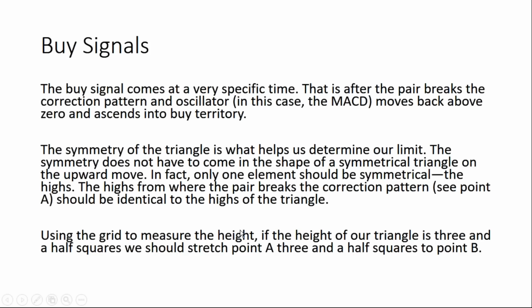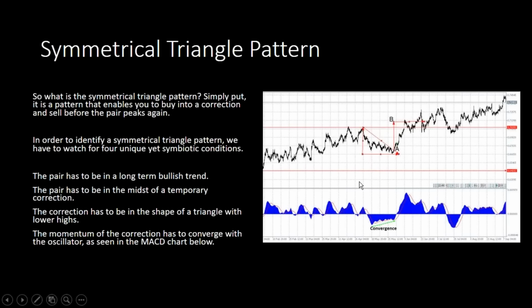Using the grid to measure the height, if the height of our triangle is 3.5 squares, we should stretch point A to 3.5 squares to point B. So in other words, this is our A, this is our B. Okay, so this is 3.5, and then we have our B.